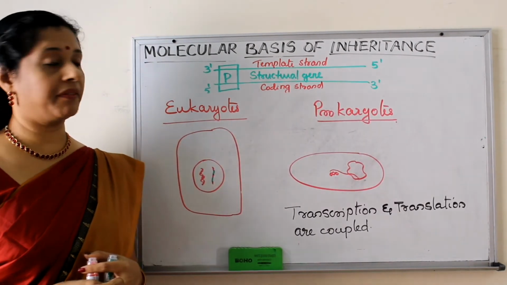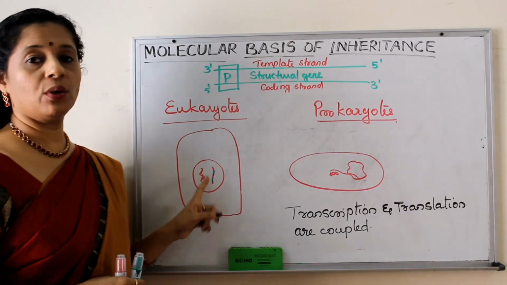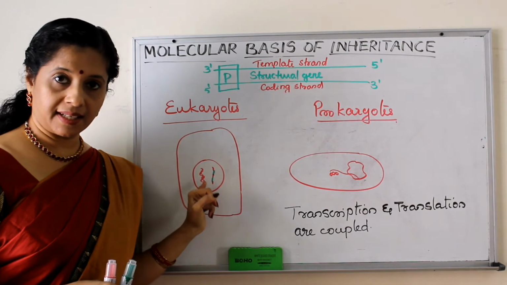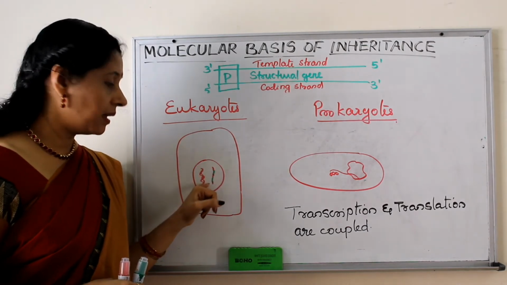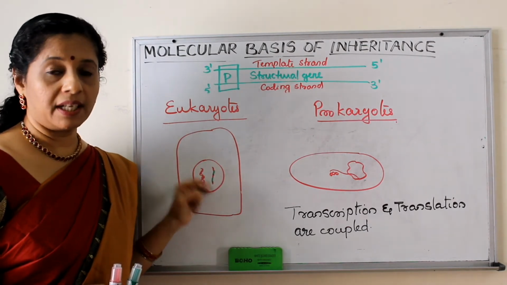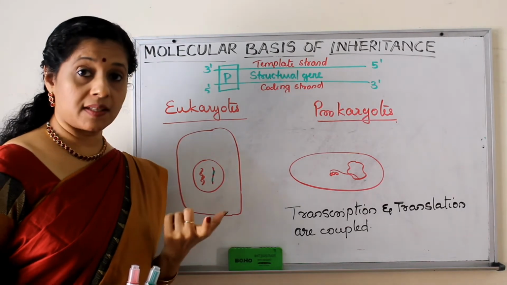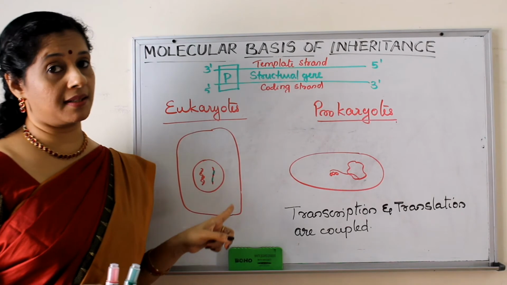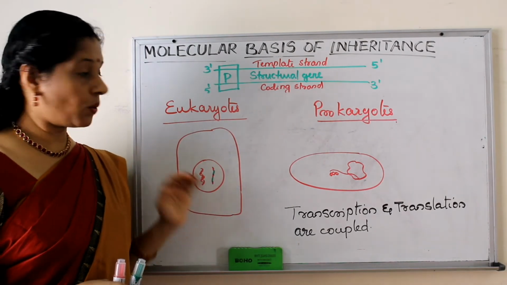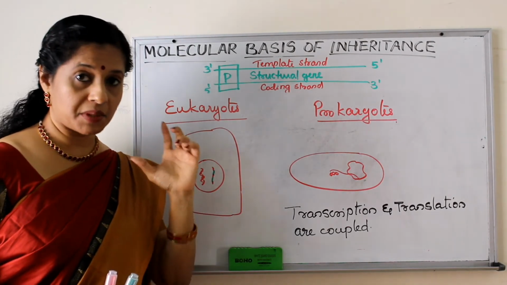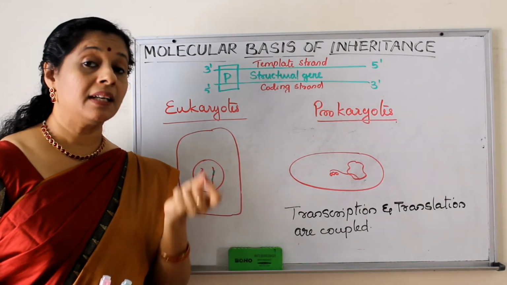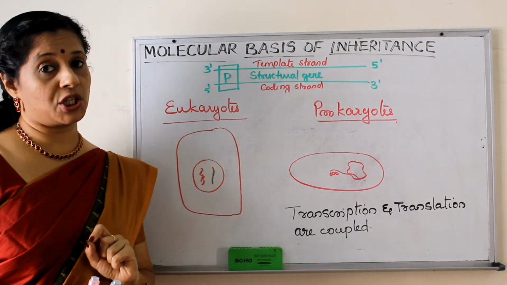Another difference is that eukaryotes have a well-defined nucleus, and transcription takes place inside the nucleus, and the precursor mRNA formed has to undergo processing before it goes out to the cytoplasm where protein synthesis takes place. So only after the transcription gets over completely, and some processing is done, can it go for translation.